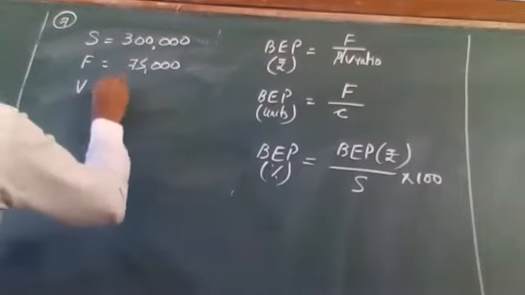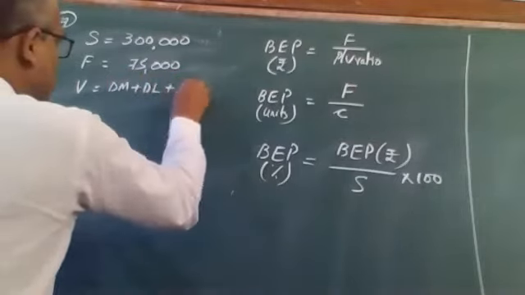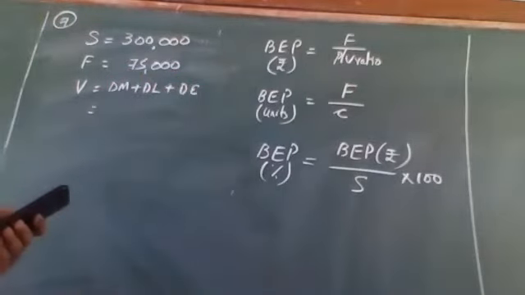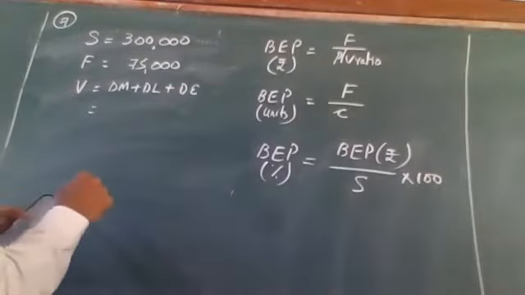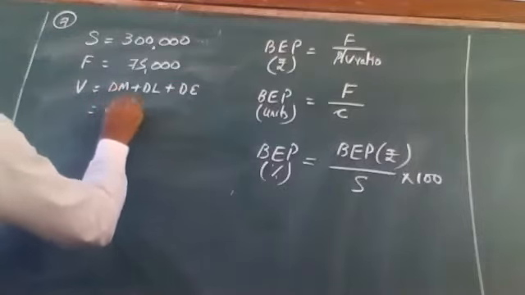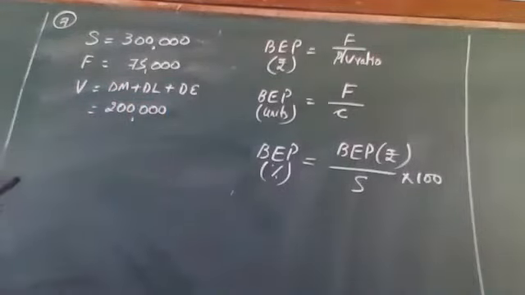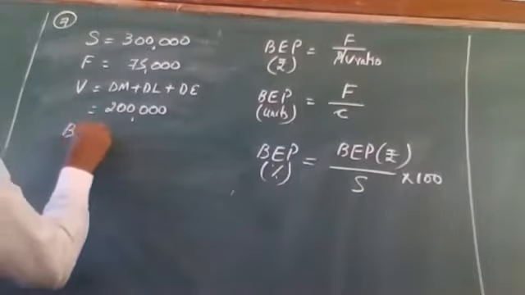Direct material, direct labor and direct expenses equal to 1 lakh plus 60 plus 40 comes to how much? 2 lakh rupees. So I have this information in front of me, and what is he asking you? He's asking you what is break-even point.